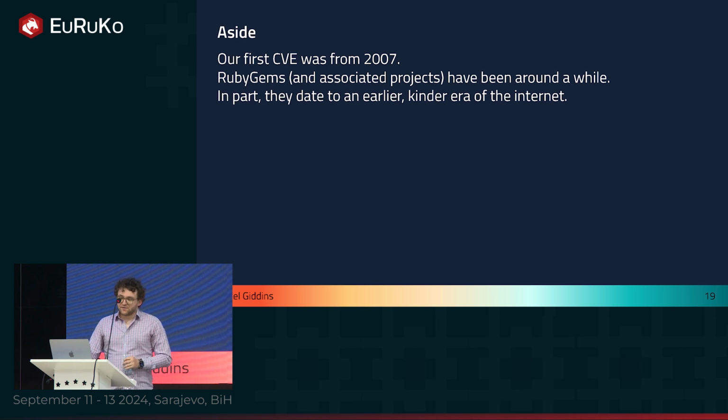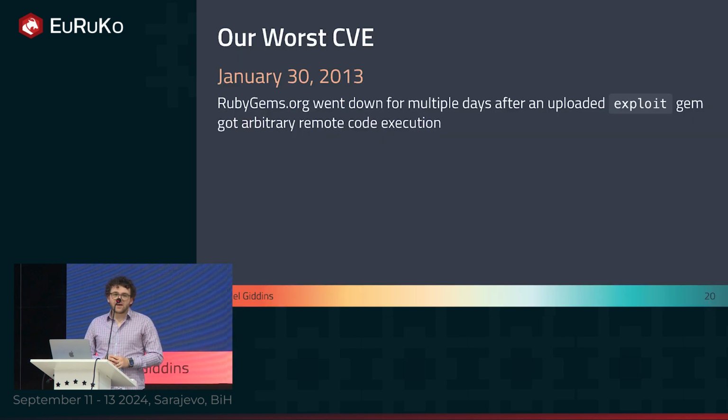If we fast forward a few years, we can take a look at our worst ever CVE. Who was around for that time when RubyGems just was down for multiple days and all work stopped and you couldn't do anything? That sure was a time, wasn't it?